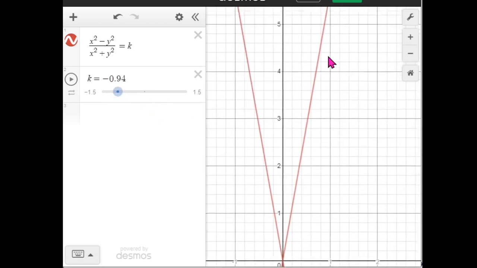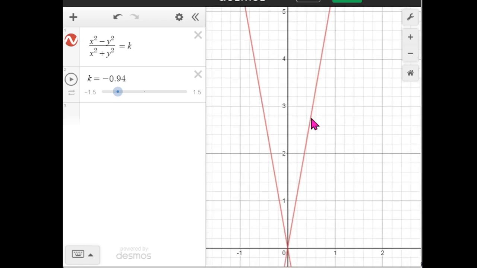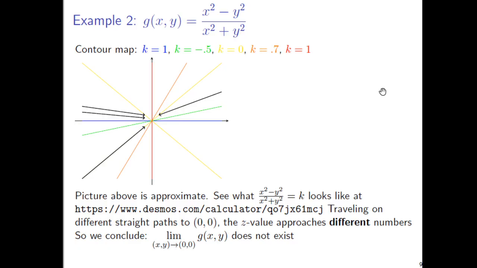So when x is 1 and y is like 5.7, I guess, then the output should be -0.94. But then there's another point over here, where x is like 0.5 and y is maybe 2.8 or so. Then again, the output is -0.4. Okay, that's the end of this part.